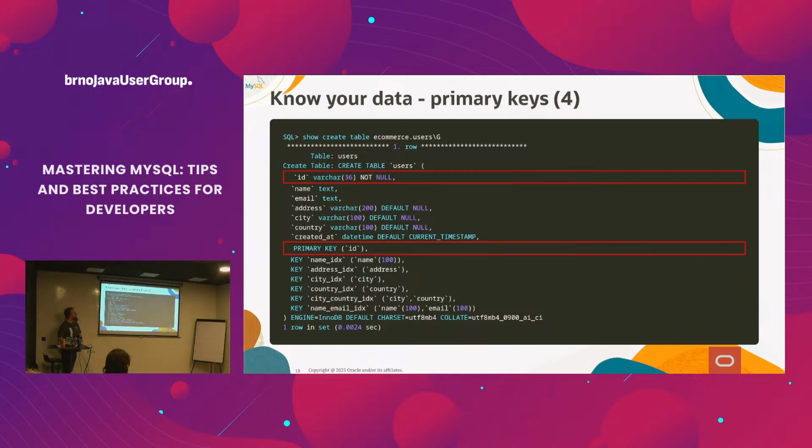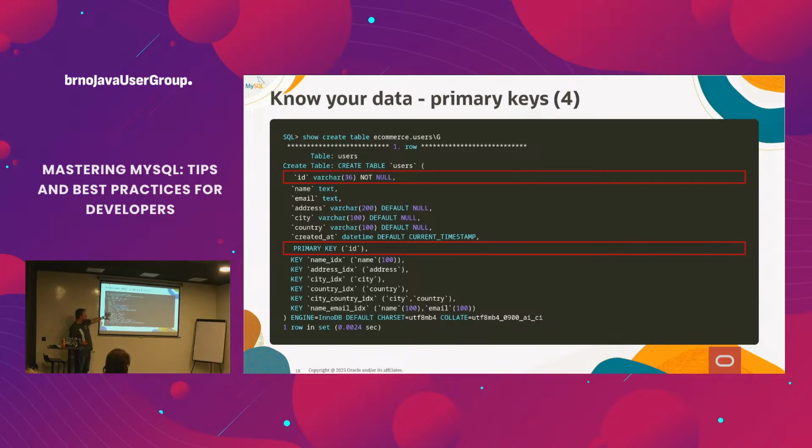So let's have a look here. We check the creation of this table, and what we see is that we have the primary key varchar 36, and it is the primary key. And what do we see here? What are these keys? Do you know their name? They are indexes, but in MySQL, so we have the primary index, and these are secondary indexes.